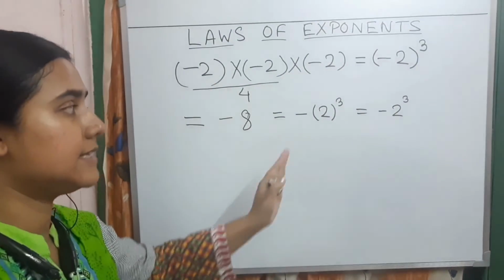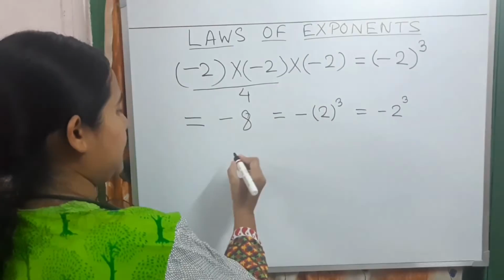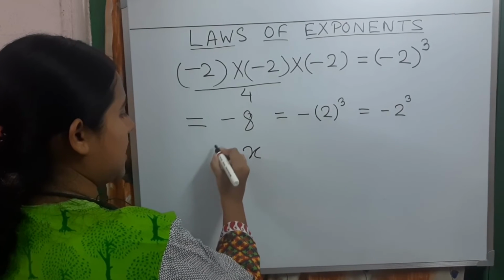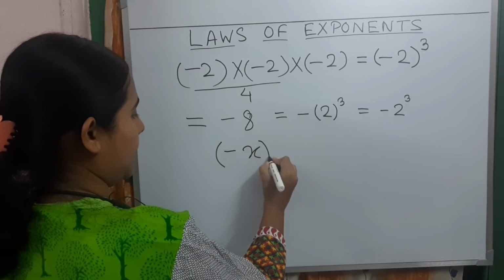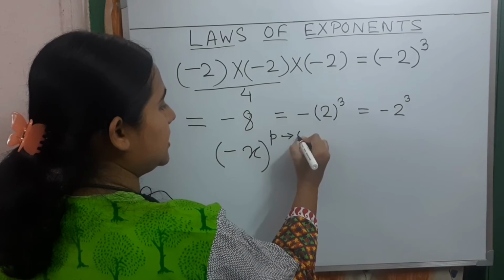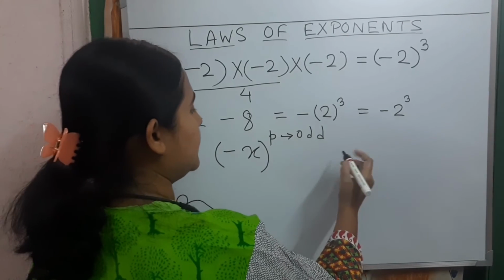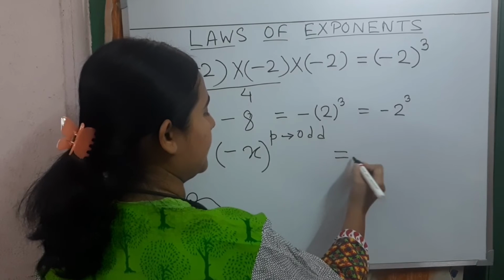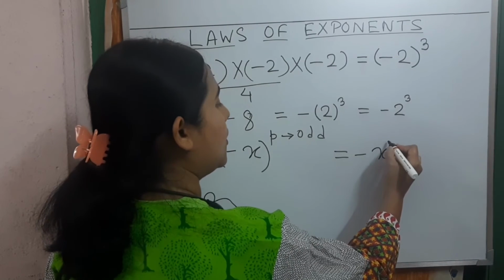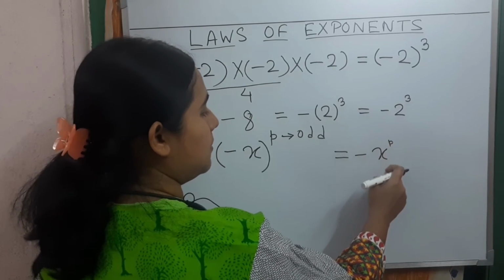So from this example we can conclude a formula: if there is minus x whole to the power p and this p is an odd number, then this will become minus x to the power p, or you can use a bracket here.